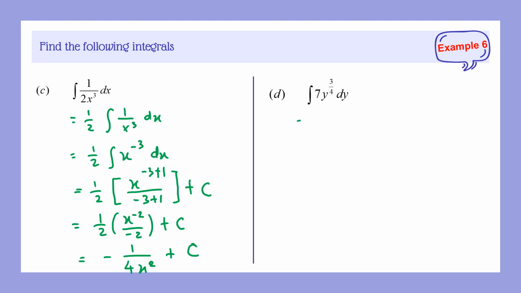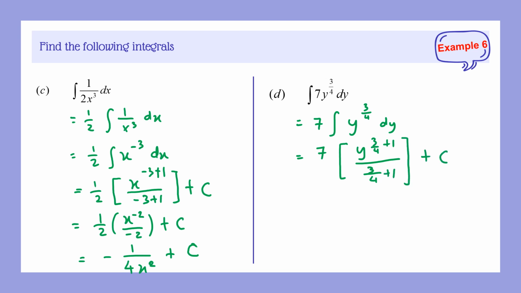So then we get 7 integrate y to the power of 3 over 4 dy. And then we integrate, we get 7 y to the power of 3 over 4 plus 1 over 3 over 4 plus 1 plus c. And then 3 over 4 plus 1, we get 7 over 4.